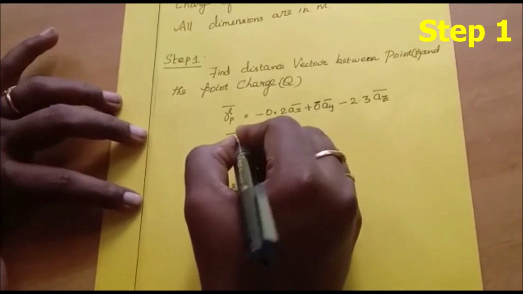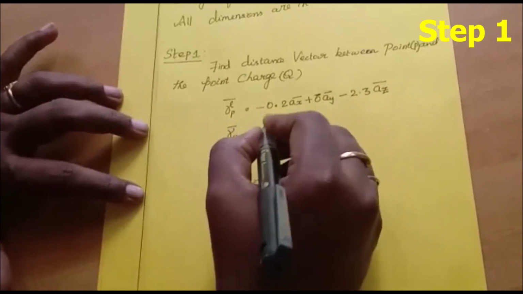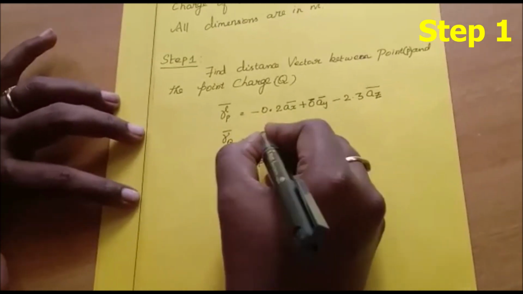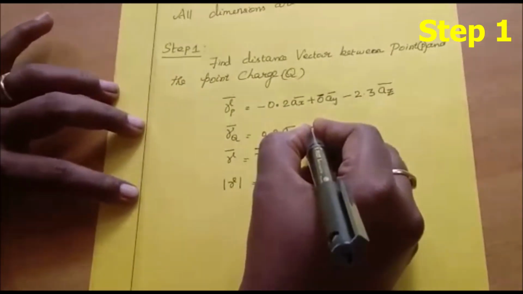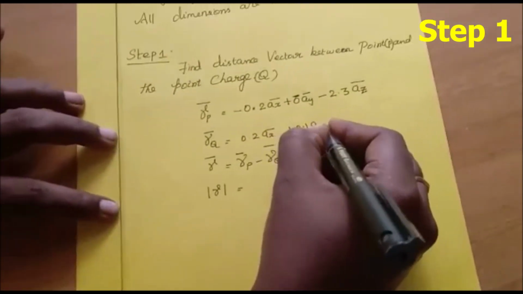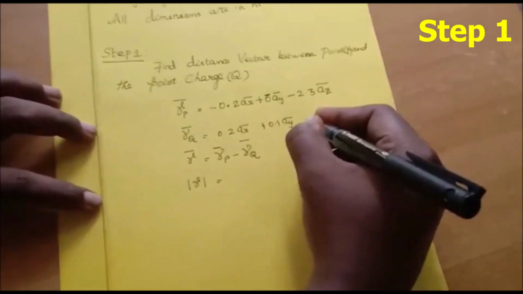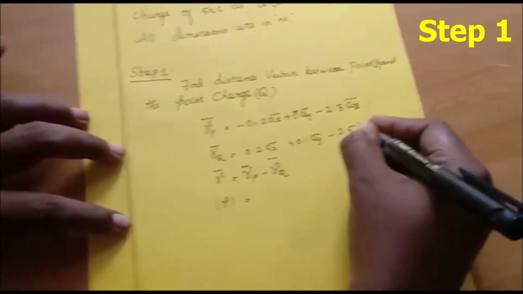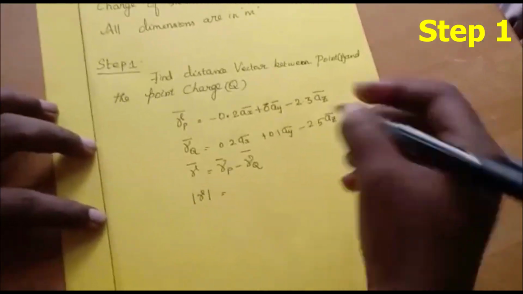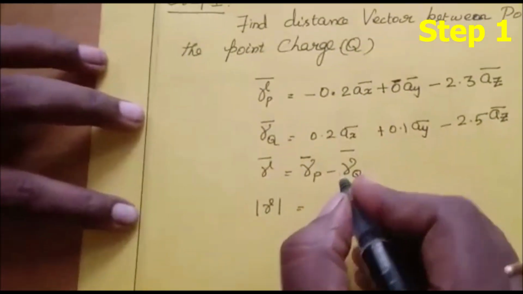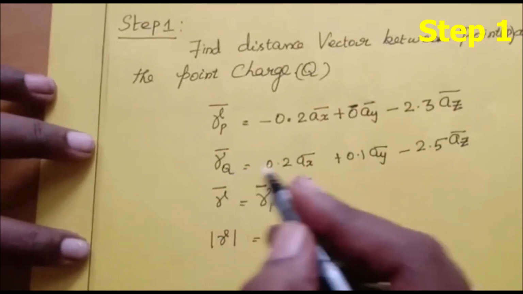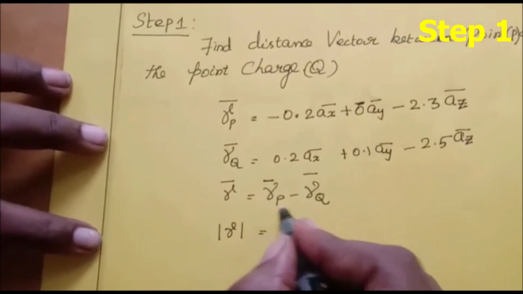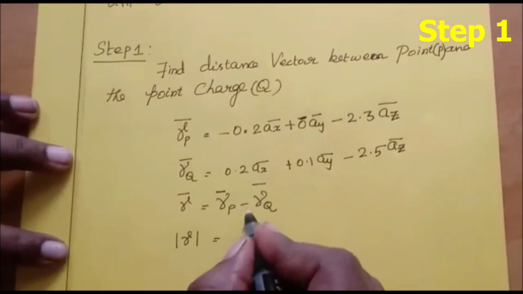The next one is the point charge Q, whose point is written as 0.2 AX plus 0.1 AY minus 2.5 AZ. Now we are going to find out the distance vector between the point and the point charge Q, whose formula is RP minus RQ.